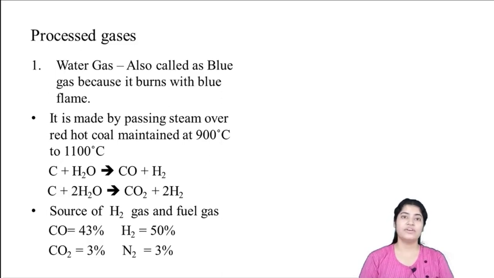Now if I am burning this gas, what will happen? The carbon monoxide has the tendency to oxidize again, so it will react with oxygen and get converted into carbon dioxide. Hence it burns with a blue flame, because there is still possibility to get oxidized as carbon monoxide is present in large amount.